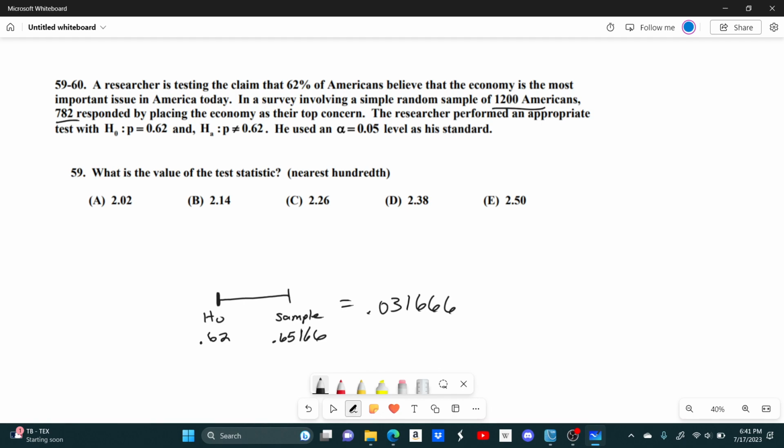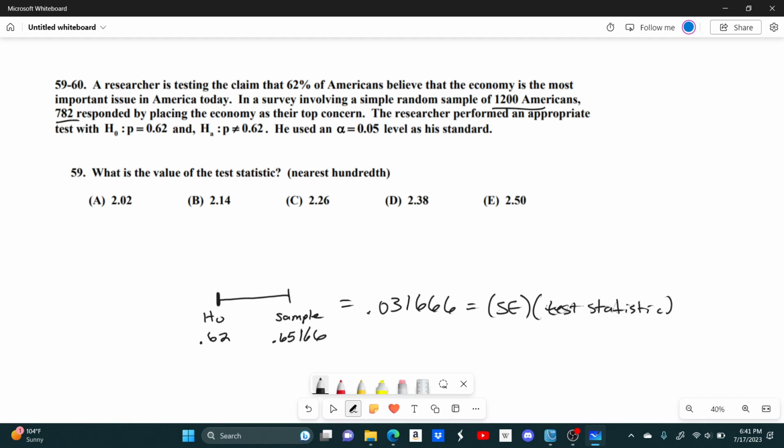So this value is going to equal some sort of standard deviation or standard error multiplied by the number of standard errors away it is, and that's what our test statistic is. So this is going to be our test statistic.